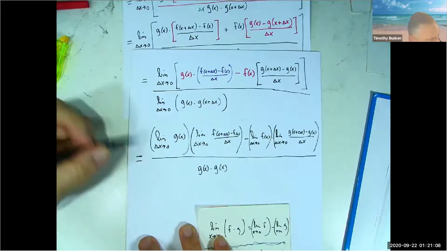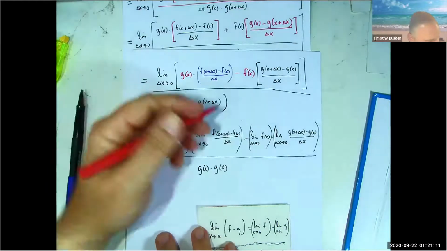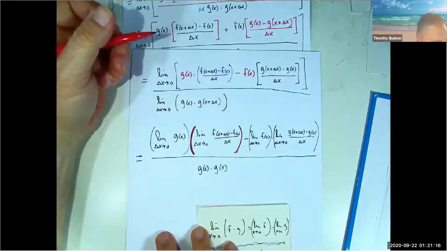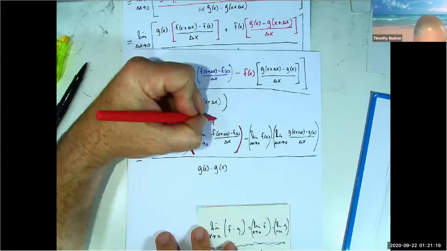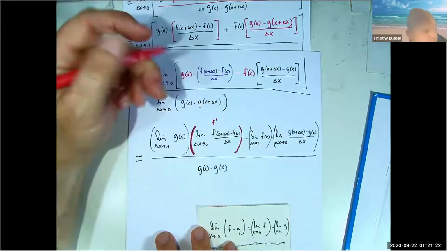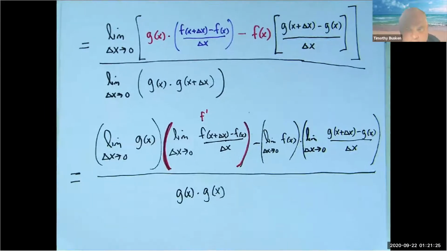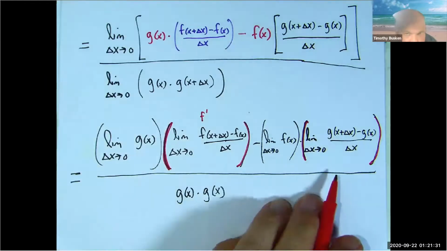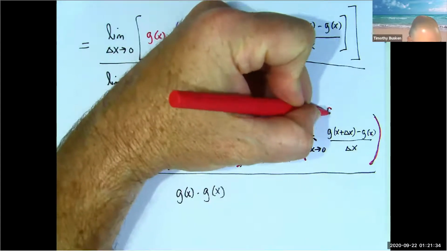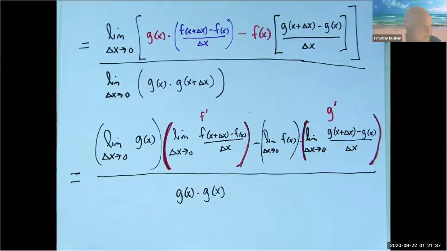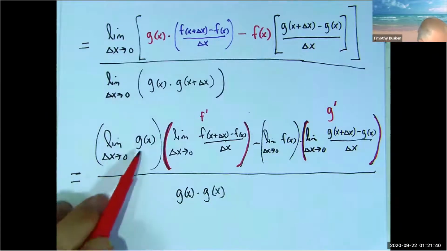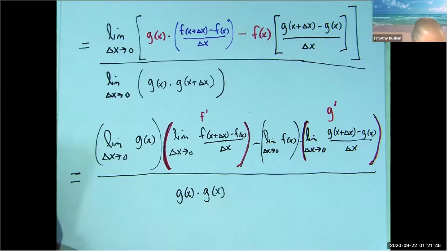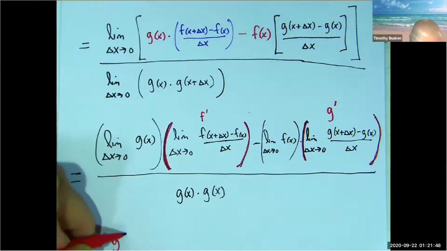All right, and then finally, this piece, by the definition of the derivative, that's f prime. And this factor, by the definition of what a derivative is, is the derivative of g, so that's g prime. And when you take the limit as delta x goes to 0 of g of x, there's no delta x there, so that limit will just be g of x.